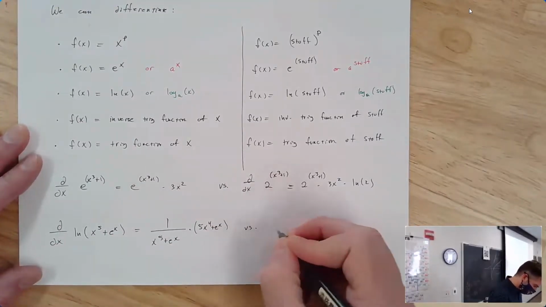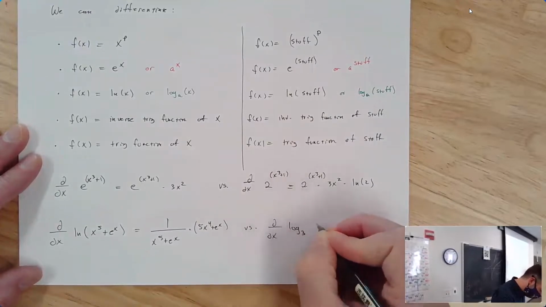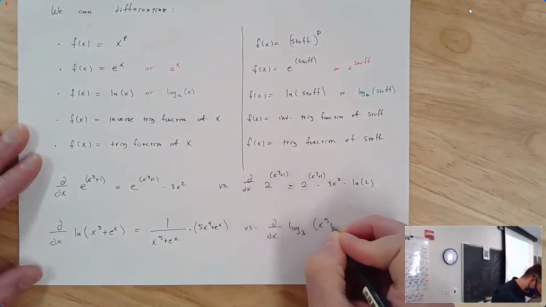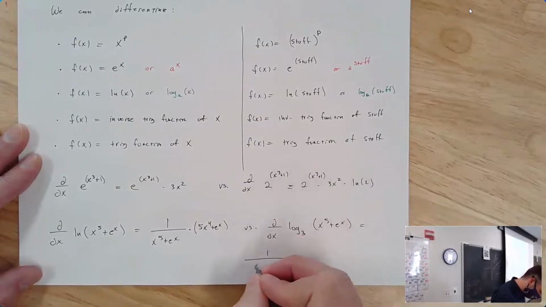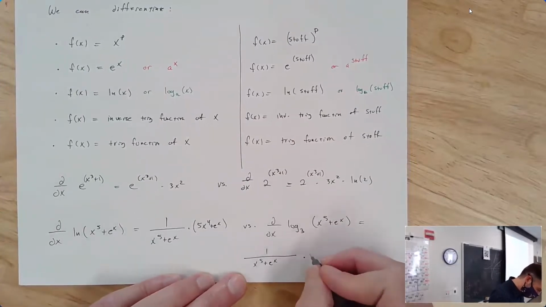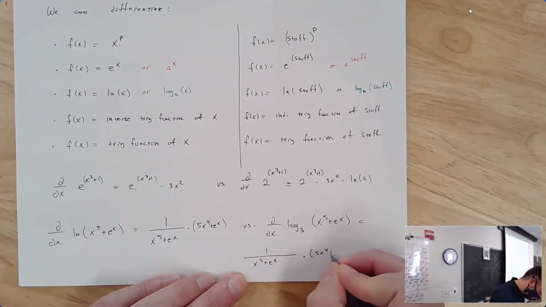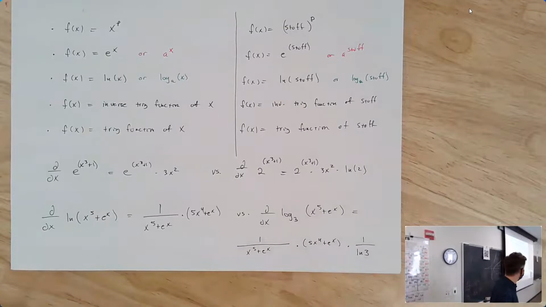Versus the derivative of log base 3 of x to the 5th plus e to the x is going to be 1 over x to the 5th plus e to the x, 1 over the stuff, times the derivative of the stuff. And then we also have to divide by the natural log of the base.